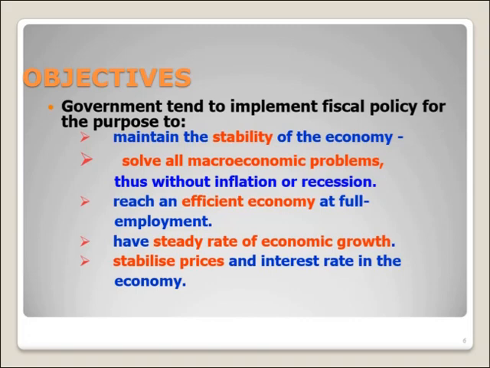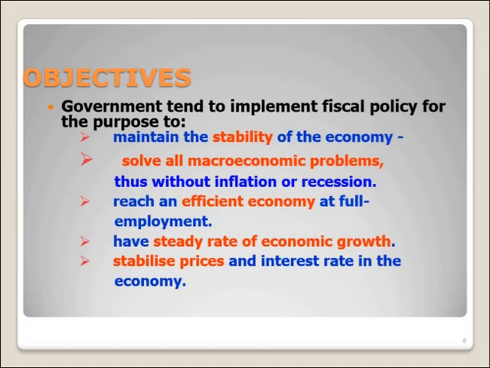The objective of the government implementing fiscal policy is to maintain the stability of the economy, solve all macroeconomic problems, especially inflation, high unemployment rate, recession, and to reach an efficient economy at full employment. At full employment, there's no inflation or increase in general price level, and there's no unemployment or recession, or minimum unemployment and minimum inflation.